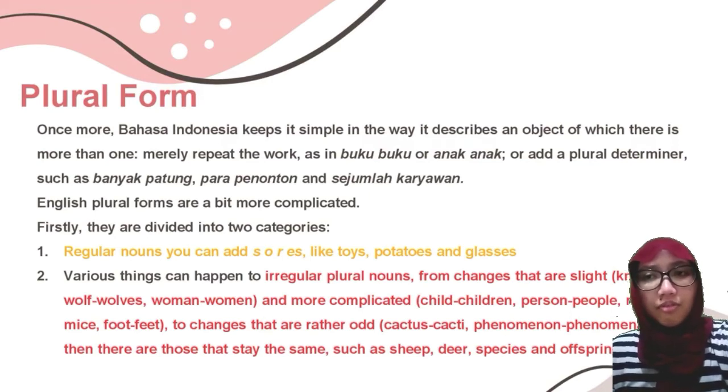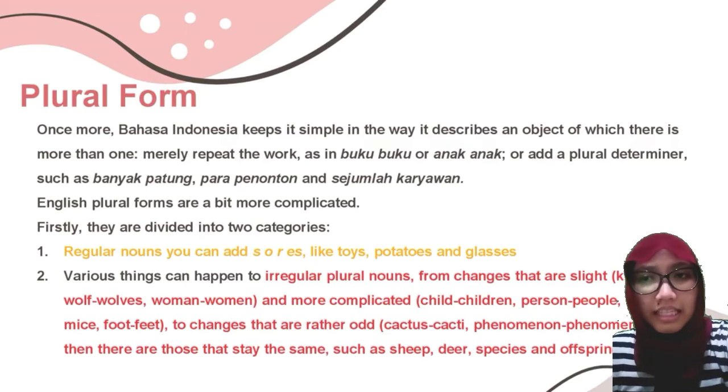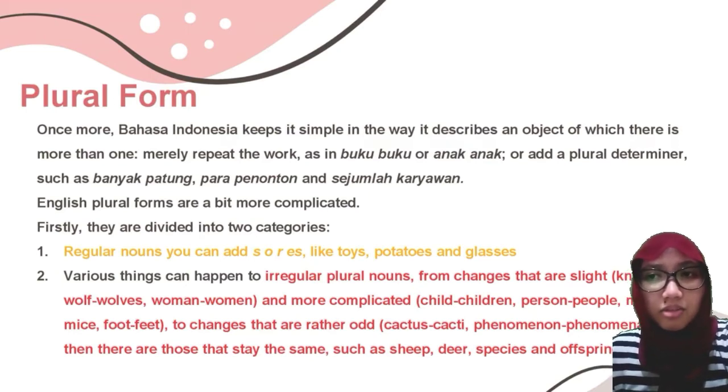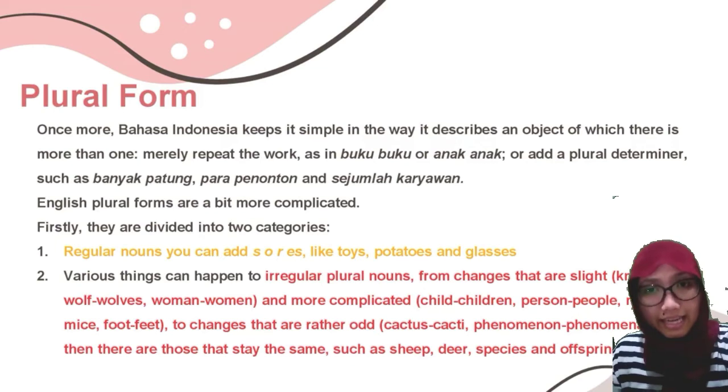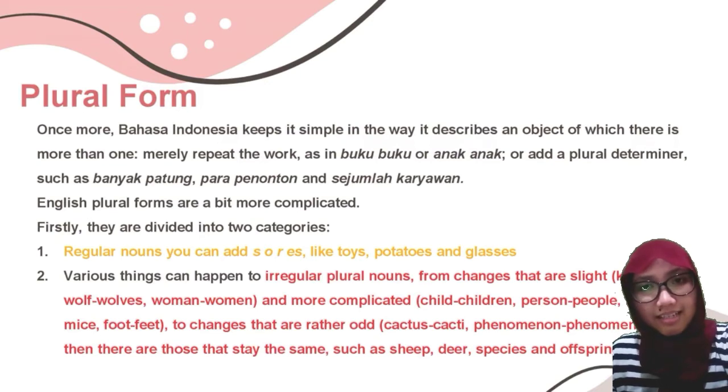English plural forms are a bit more complicated. Firstly, they are divided into two categories. One, regular nouns. You can add s or es, like toys, potatoes, and glasses. Two, various things can happen to irregular plural nouns.